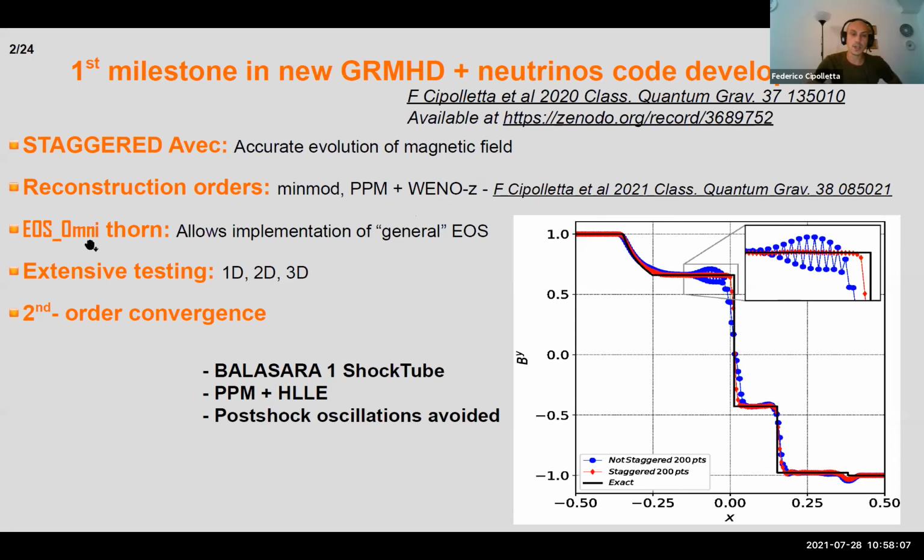We also adopted the treatment for the equation of state through the EOS Omni thorn, that is a thorn that is publicly available within the Einstein Toolkit, and allows for a general treatment of the equation of state. We performed several tests in 1D, 2D, and 3D, and we showed second order convergence in general.